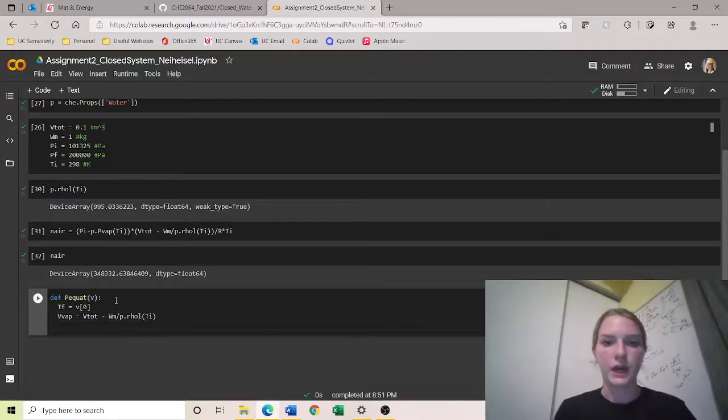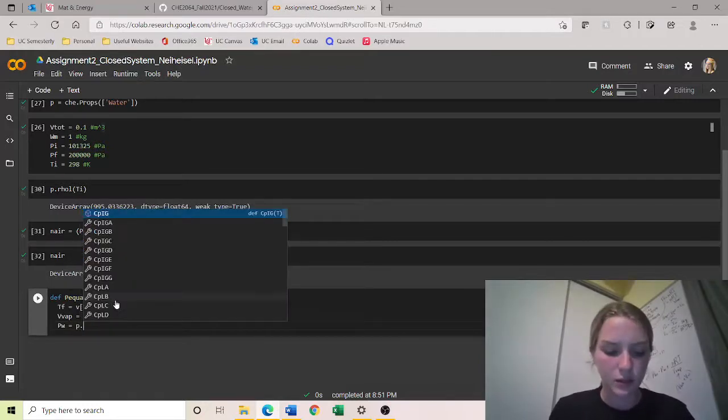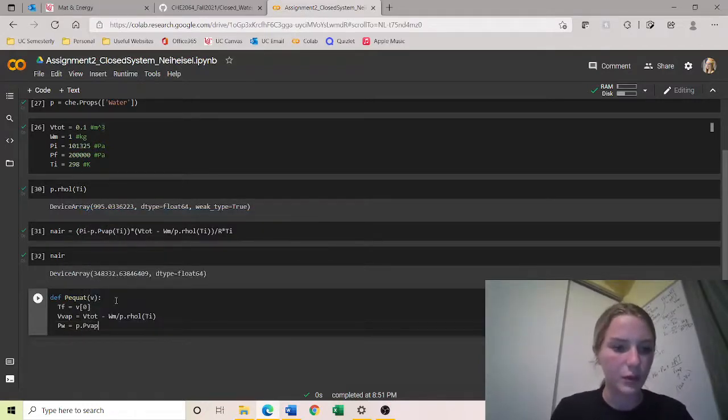And then we are going to have our water pressure, or partial pressure for water, equal to P dot P vap of our final temperature.